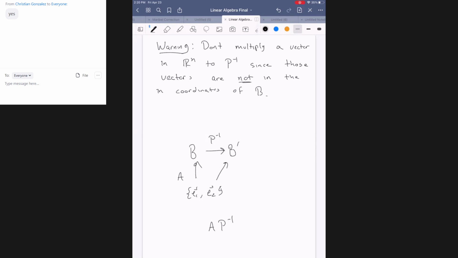If I want to get here, I travel along this path first, so multiplying these matrices gives the transition matrix from the standard basis to B prime.